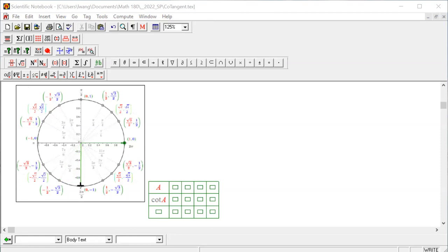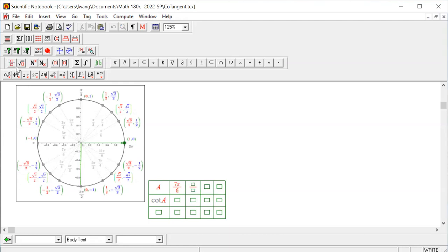These are the 4 values we're going to evaluate. So here we're going to have 7 pi over 6, the next one will be 5 pi over 4, the next one is 4 pi over 3, and the next one is 3 pi over 2.